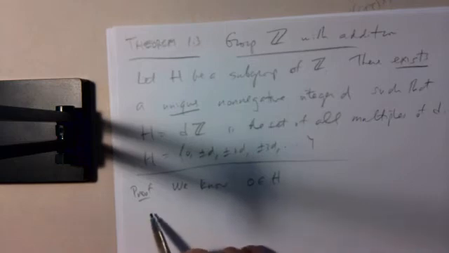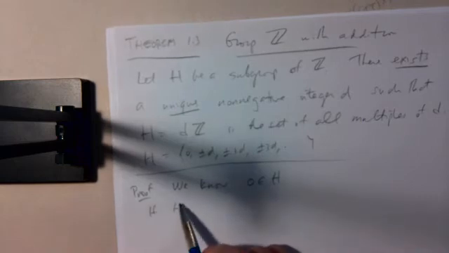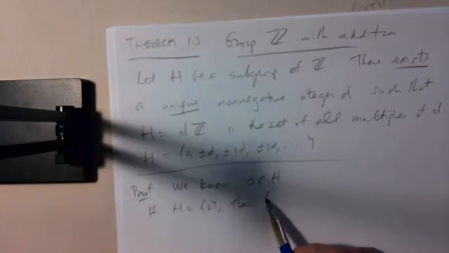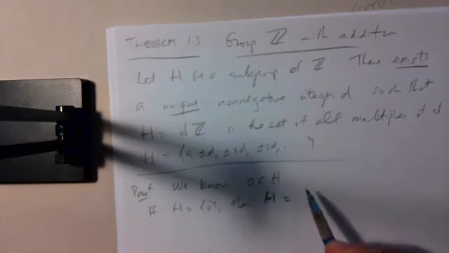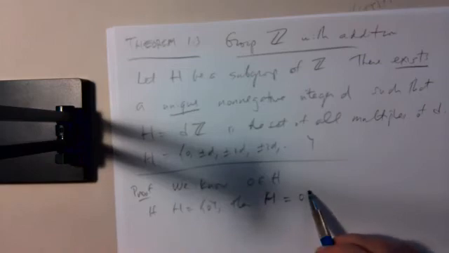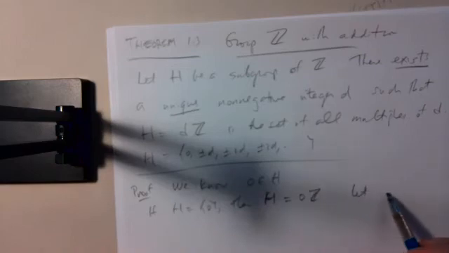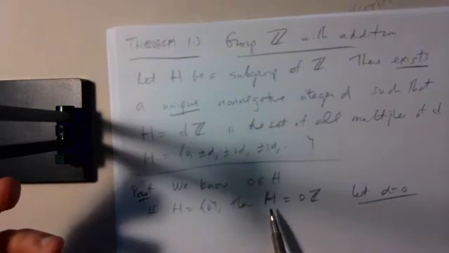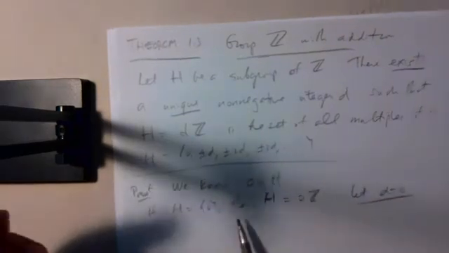Now, it's possible that H is equal to just 0, then H is the set of all multiples of 0. That is, let D equal 0, and we're done. So if H only consists of the number 0, the set of all multiples of 0 is just 0, and we're done. So this is the first case, and that's kind of easy.